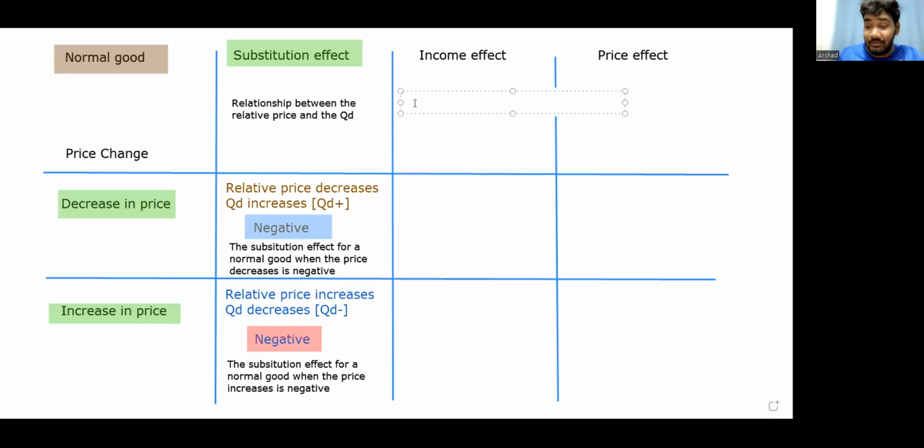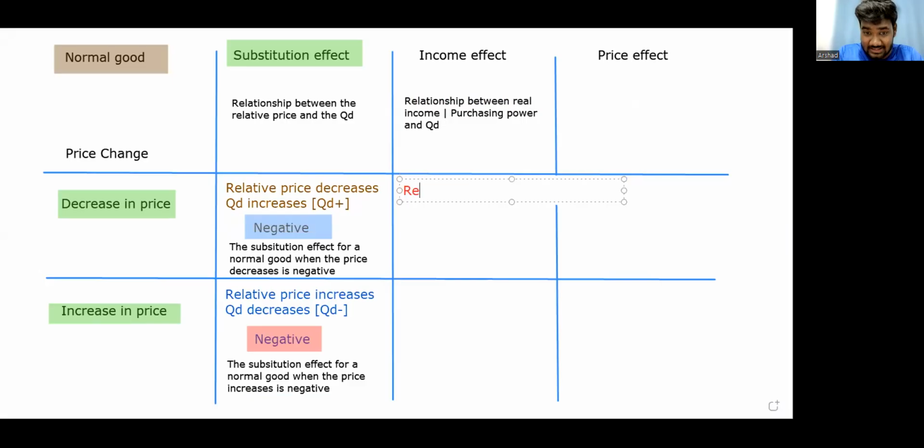In the income effect, we are going to look at the relationship between real income, in other words purchasing power, and quantity demand. Your real income, not your nominal income. Can you all tell me, when there is a decrease in price, what happens to your real income?